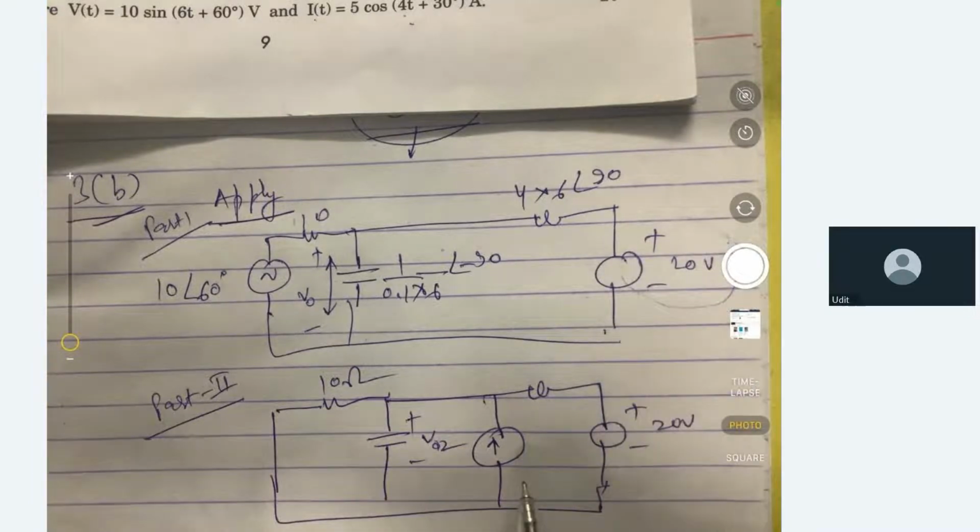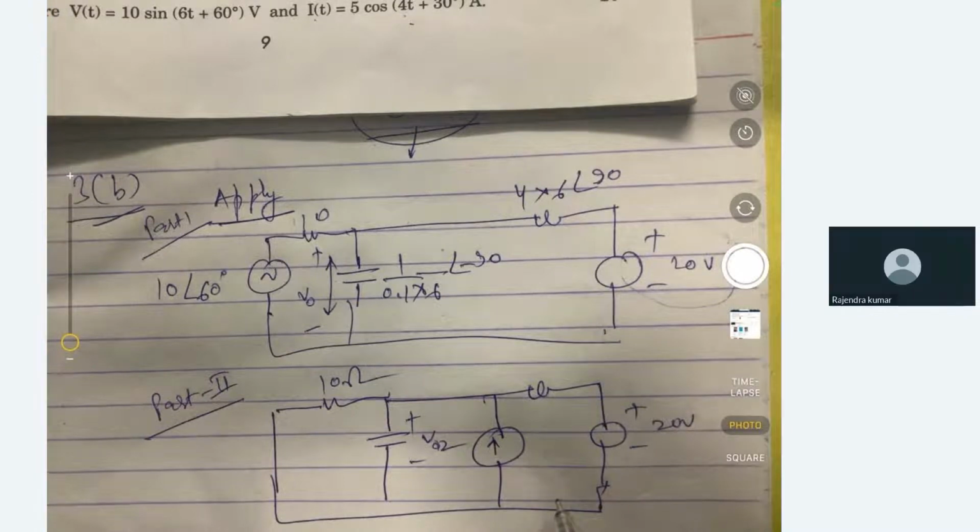Maybe in the first one we can take both because they will be independent. Yes, I think in first one we can take both, but in the second one we'll have to remove because we have already accounted for that. In the second one we have to ignore V of t as well as 20 volt both, right? Yes, both will have to be shorted.